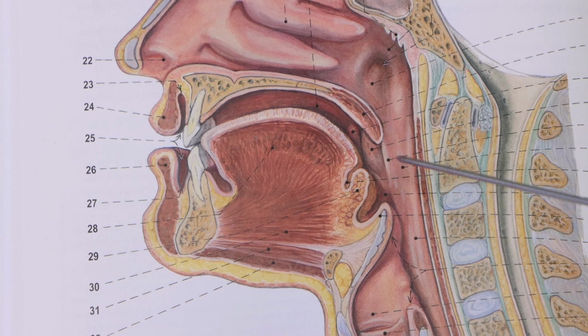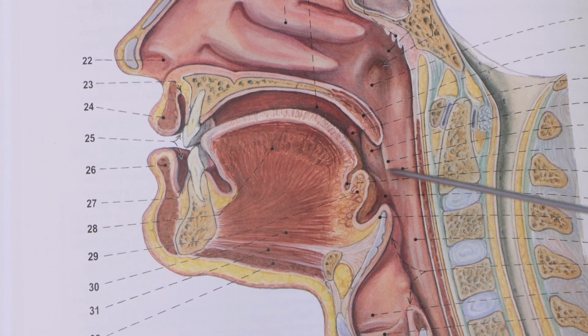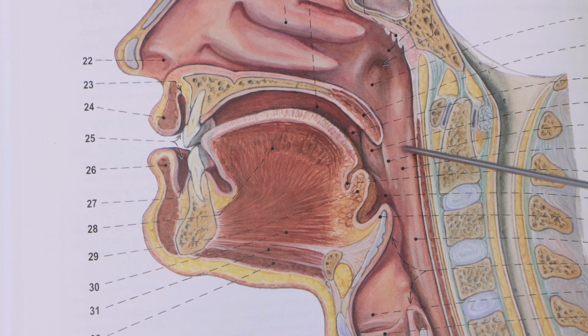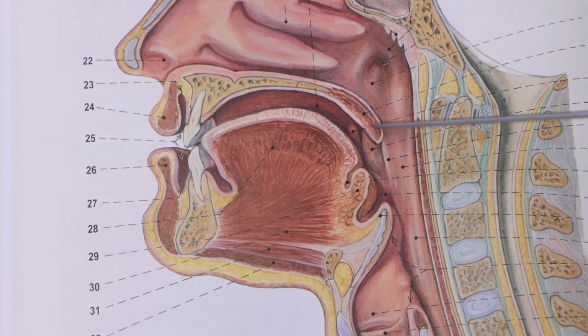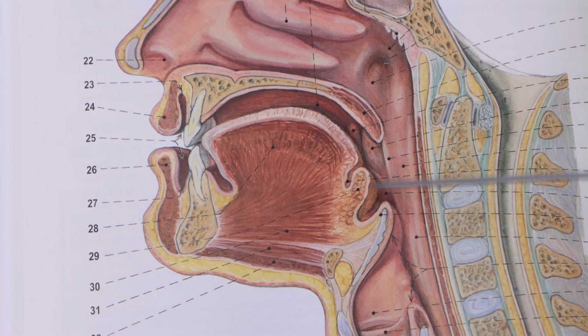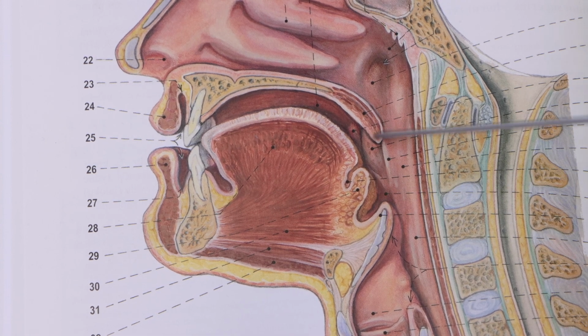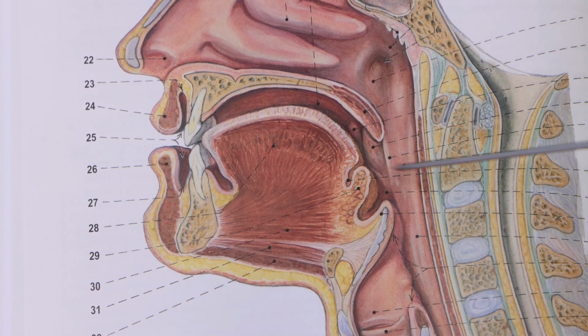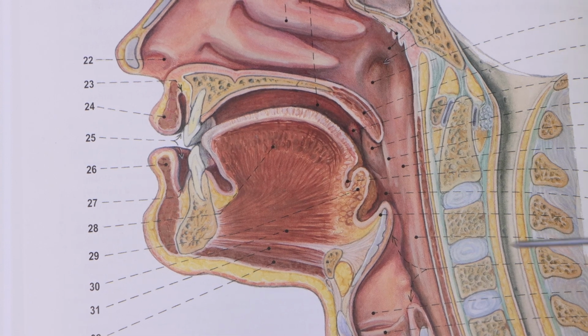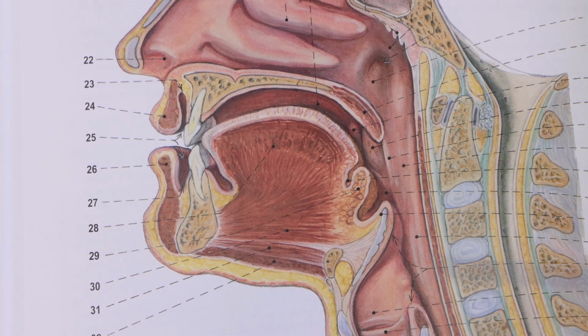This part of the pharynx, which communicates with the oral cavity, is called the oropharynx, and this opening is called the isthmus of fauces. This is the posterior relation of the oral cavity with the oropharynx.